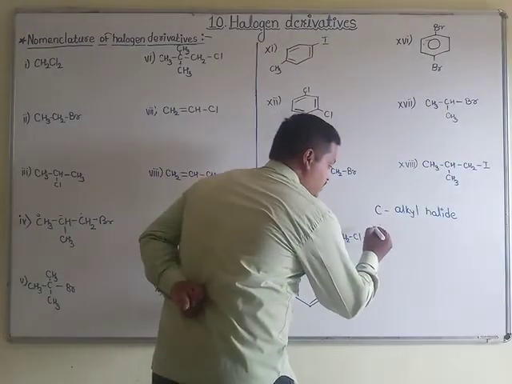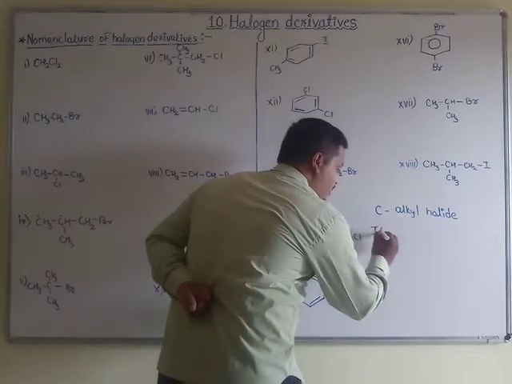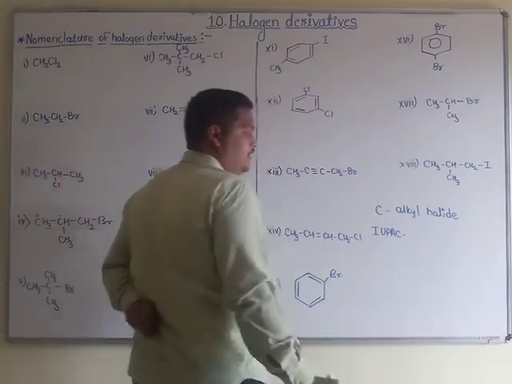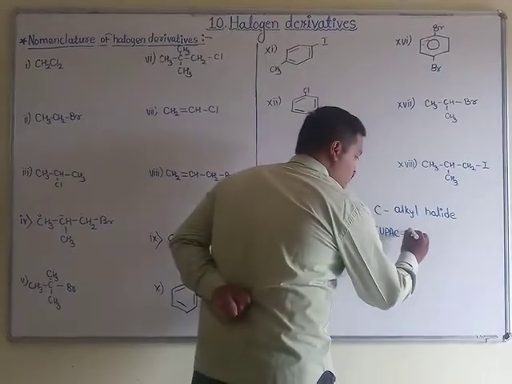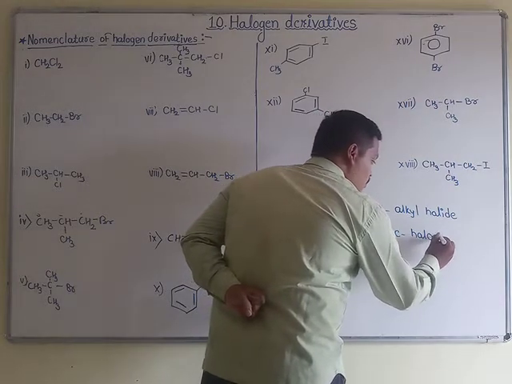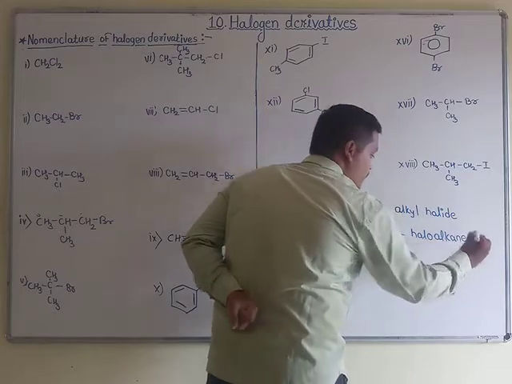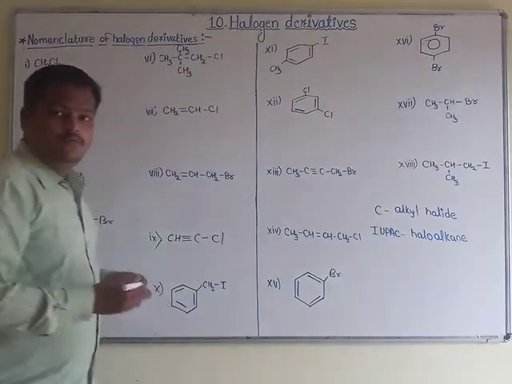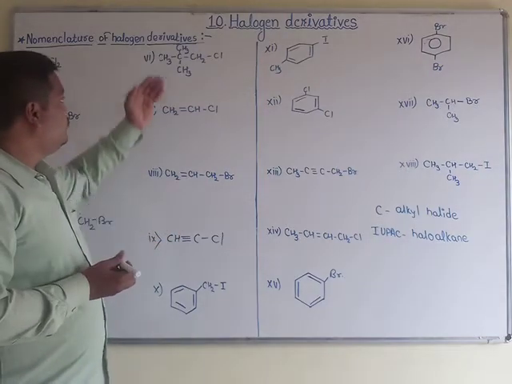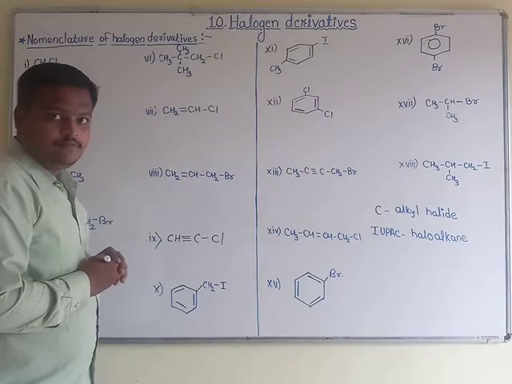The second type of naming is IUPAC. Here, the IUPAC name is given by haloalkane type names. So there are two types of naming for our halogen derivative compounds.